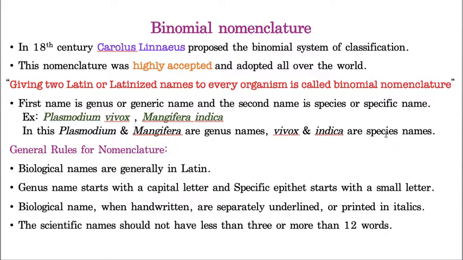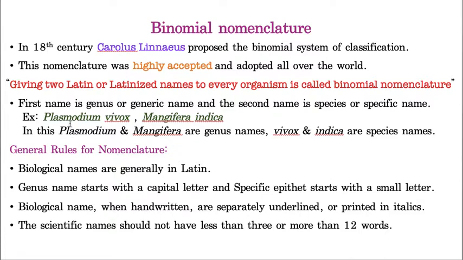Now, as I clearly mentioned, there are some rules framed by Carolus Linnaeus for binomial nomenclature. What are the rules? The first and very important rule, which is even there in the definition, is that biological names must be derived from Latin only. The given binomial name should have two names.